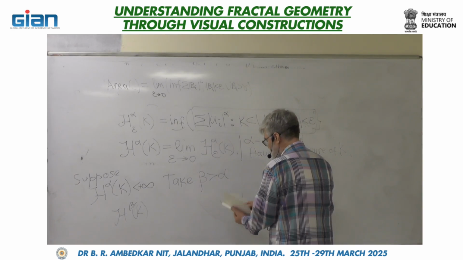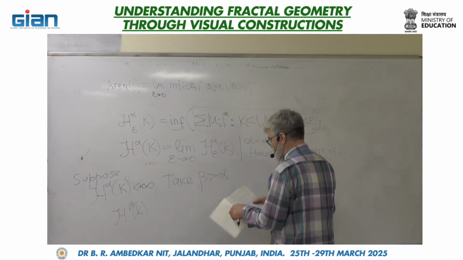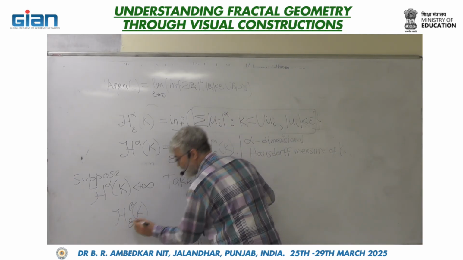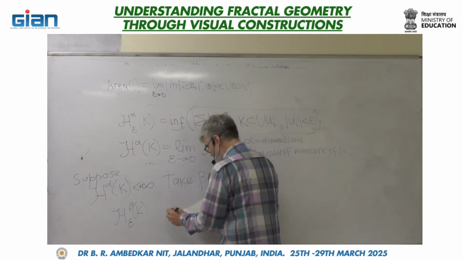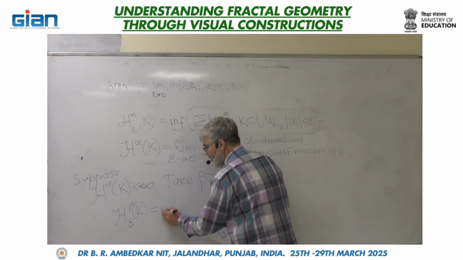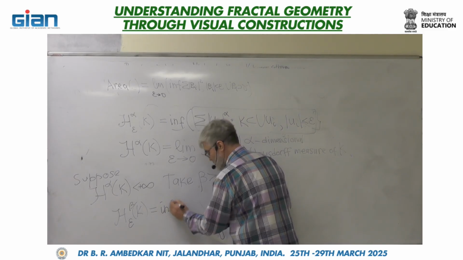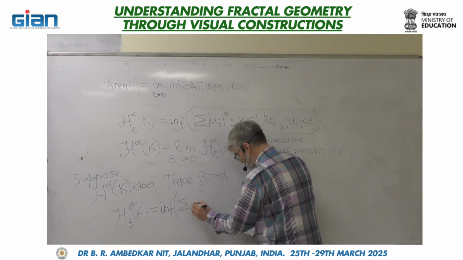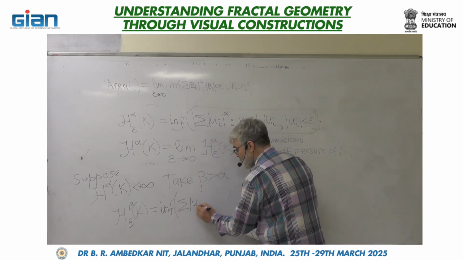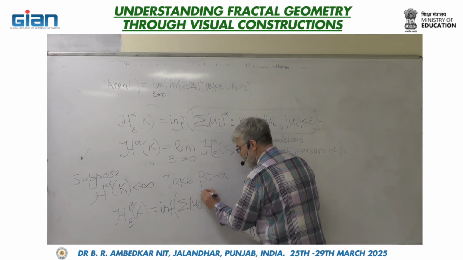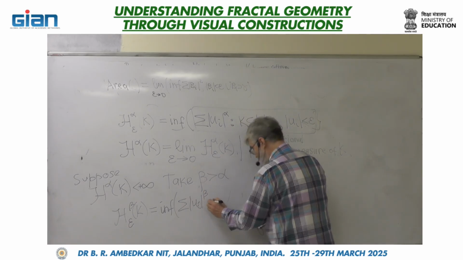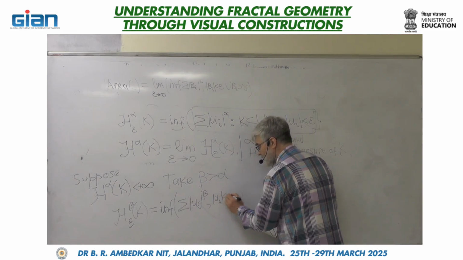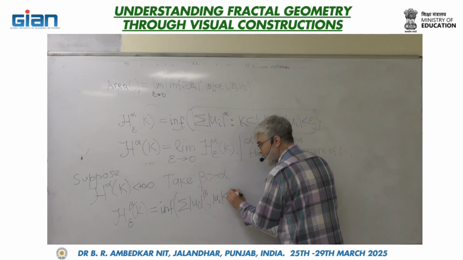So if we take H beta epsilon of K, it will be the lower bound of all sums of U_i to the power of beta, where the diameter of U_i is less than epsilon, right?